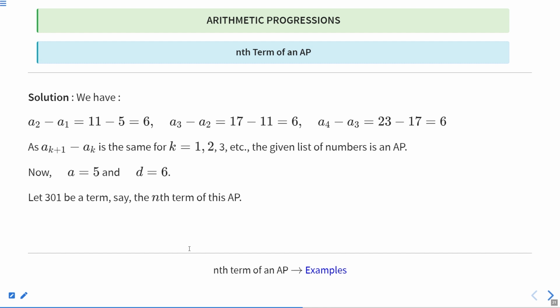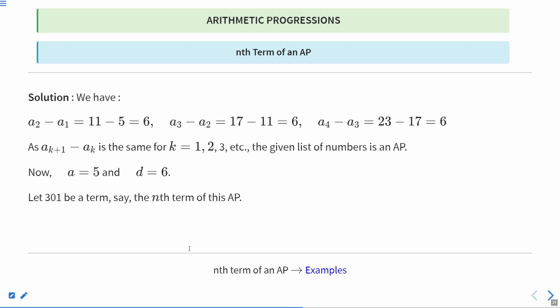Here A2 minus A1 is equal to 11 minus 5, which is 6. A3 minus A2 is equal to 17 minus 11, which is also 6. And A4 minus A3 is equal to 23 minus 17, which is also 6.